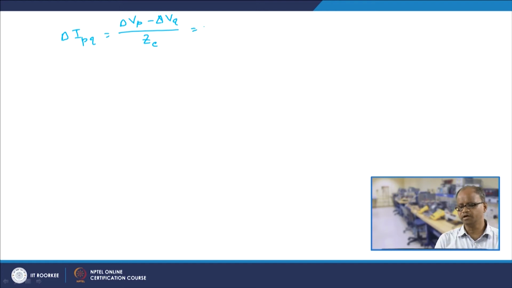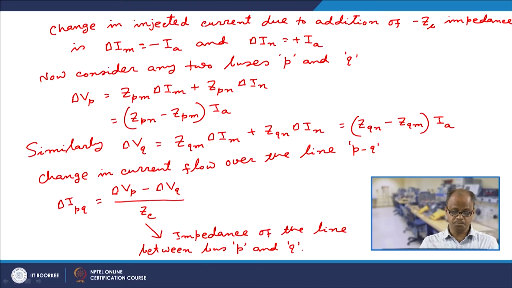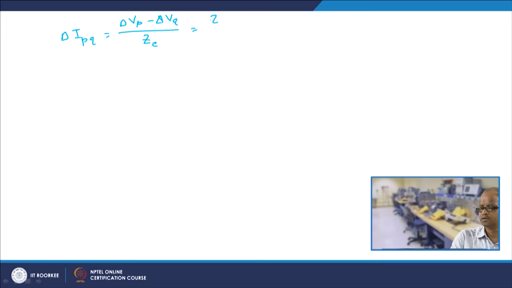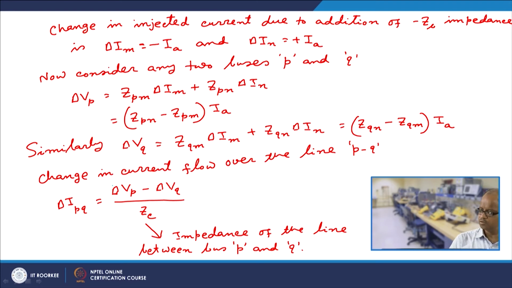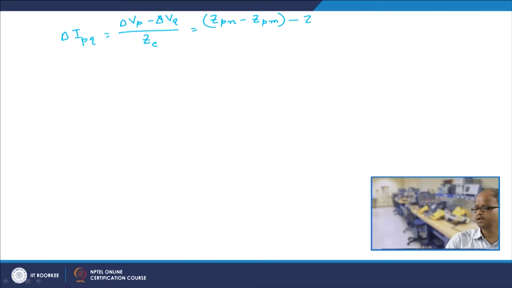Now I substitute delta V_P and delta V_Q. Delta V_P is Z_PN minus Z_PM, and minus delta V_Q is Z_QN minus Z_QM, divided by z_C into I_A.